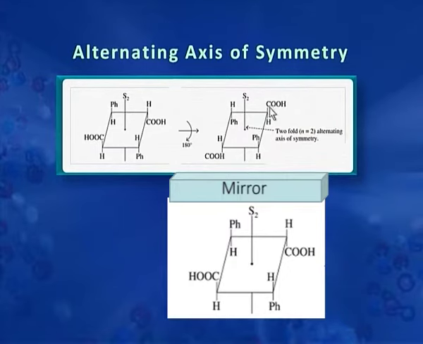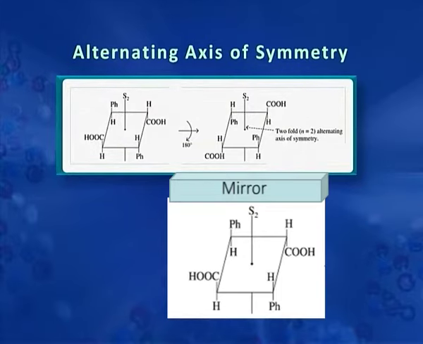The carboxyl which was going above will be going down here, and this carboxyl which was going down will be above the plane. And now if I compare this structure with our original structure, what do we find? We find that they are exactly identical, they are matching. This COOH and H, this COOH and H, this phenyl H, this phenyl H, and so on.